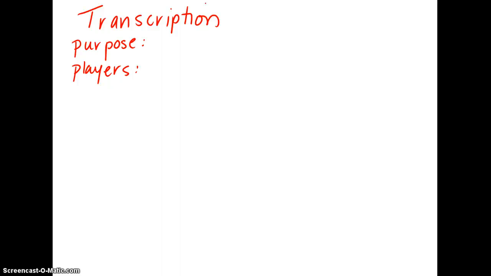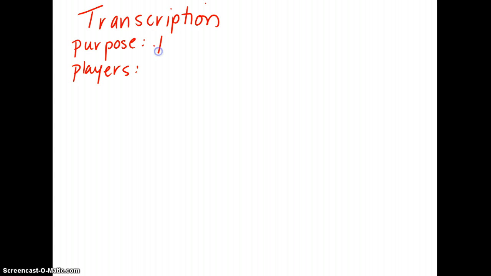So this lesson is about transcription. And to start off with transcription, remember that this is where we are trying to get the genetic information that is in DNA, which is housed in the nucleus, out into the cytoplasm.